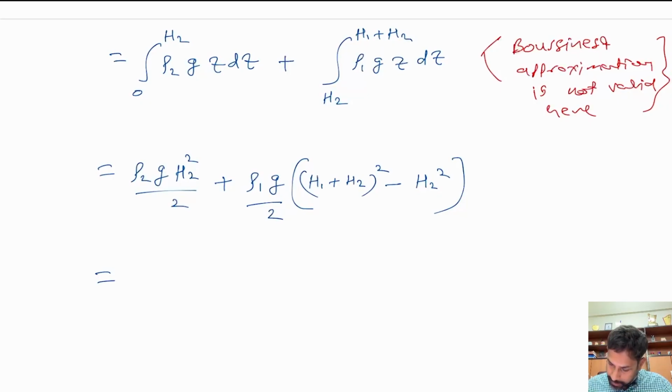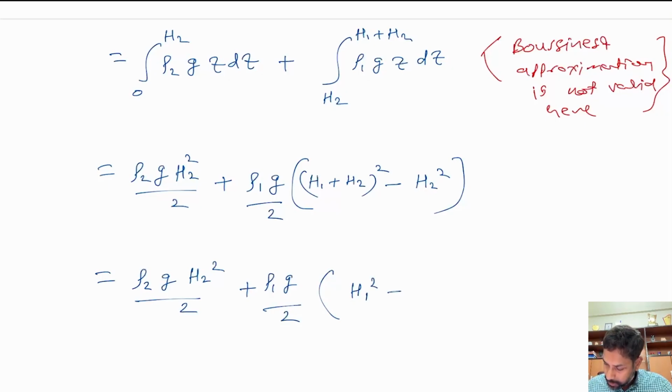And that gives us, we can expand it, and this will become rho 2 g h2 square over 2 plus rho 1 g by 2 times h1 square plus h2 square plus 2 h1 h2 minus h2 square.